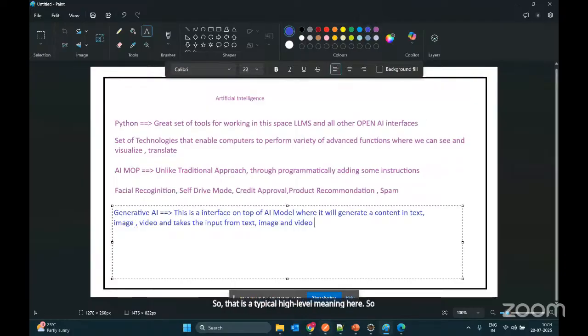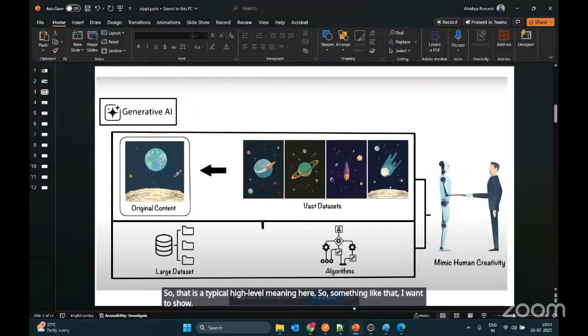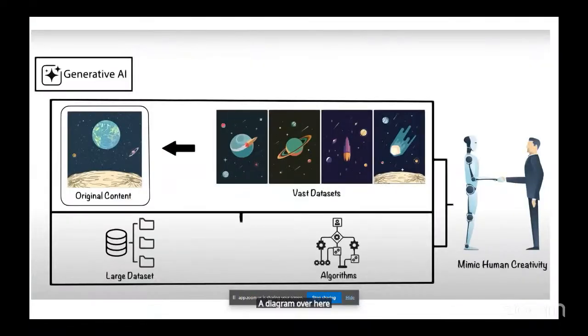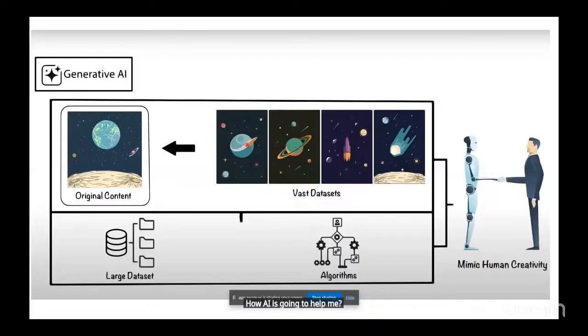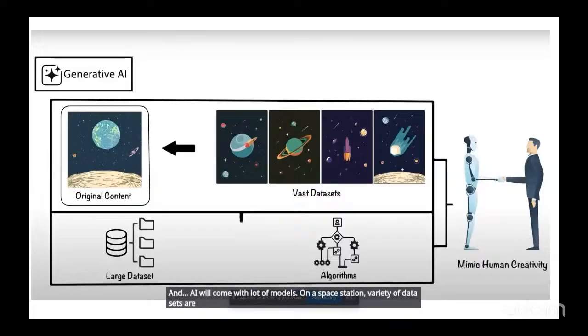So something like that, I want to show a diagram over here. For example, I want to draw a diagram of a space station. How is AI going to help me? The original content is this, and AI will come with a lot of models on a space station. A variety of data sets are already there with the large language models.